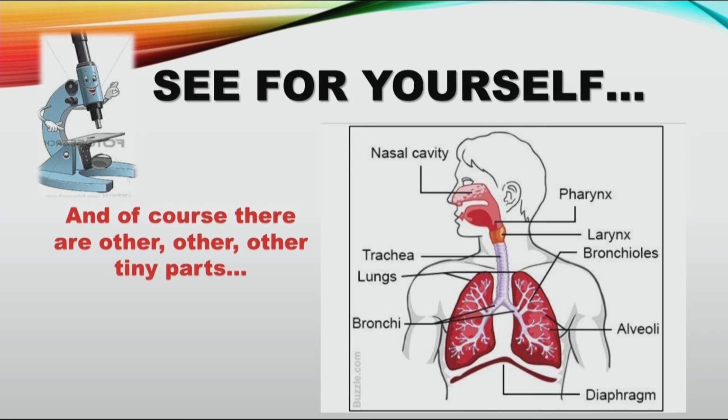So, we have these parts that we have discussed, and we can see them through the diagram, as you see here. And of course, there are other tiny parts that you'll come across if ever you read some books about the respiratory system or search on the net. But remember the parts that we have seen together as you see them on the diagram there.